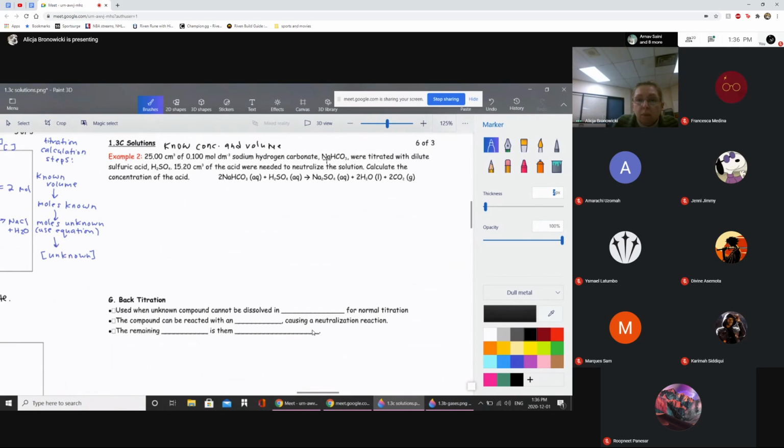It was titrated with dilute sulfuric acid. 15.20 cubic centimeters of the acid were needed to neutralize the solution. Calculate the concentration of the acid. Okay, so what we need to do, we need to figure out moles of the one where you know the concentration and volume. Use that to figure out moles of the one where you don't know the concentration, and then go from there.